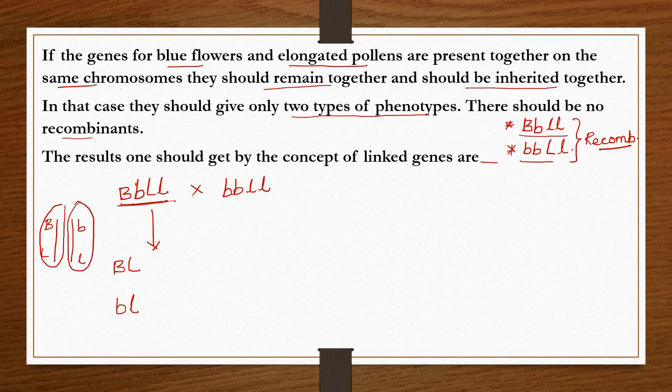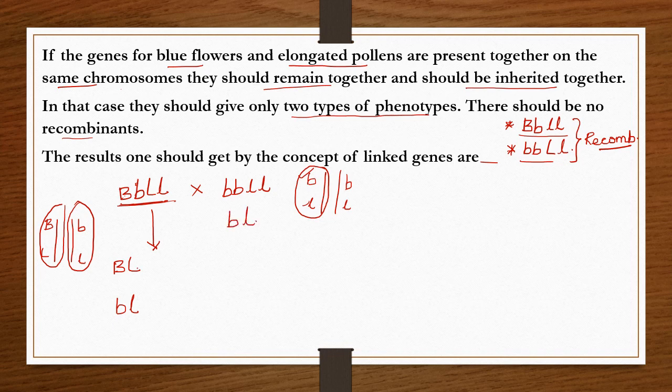Only two kinds of gametes are formed. And here it is the same for the other parent: both chromosomes have small b and small l, so each gamete gets small b, small l. All the gametes are the same here, that is small b, small l.